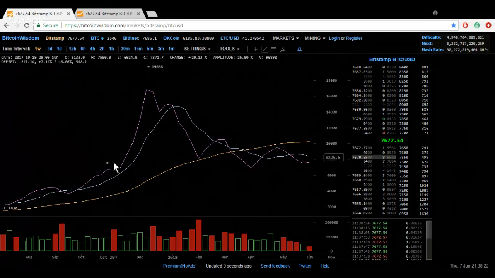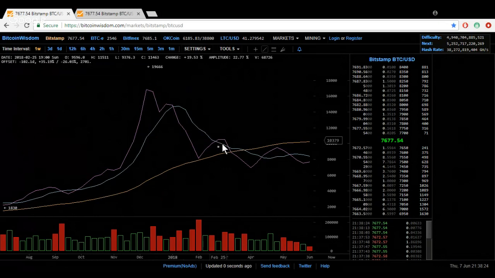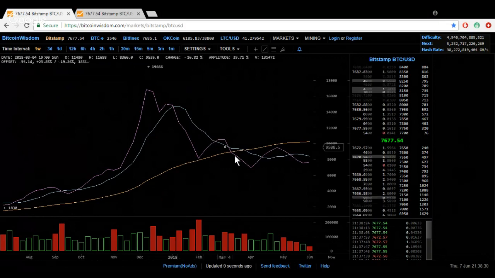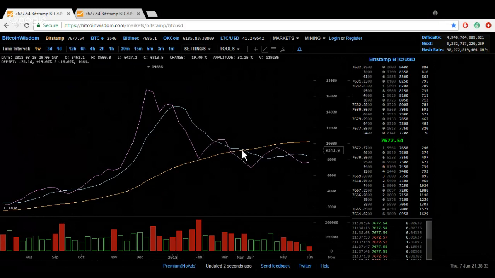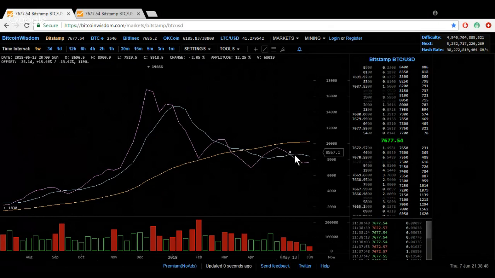You'll also notice that the 7-week has been dropping for some time. It cut through the 50-week back on March the 25th, is trying to come up with that move that we had in price up to 10,000, but now you can see it is actually moving down.